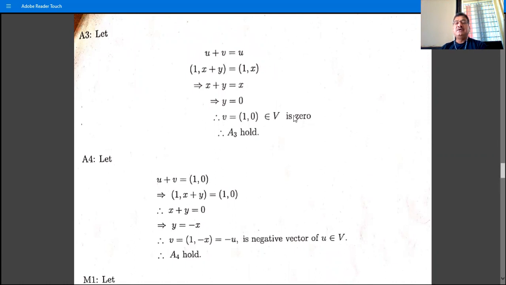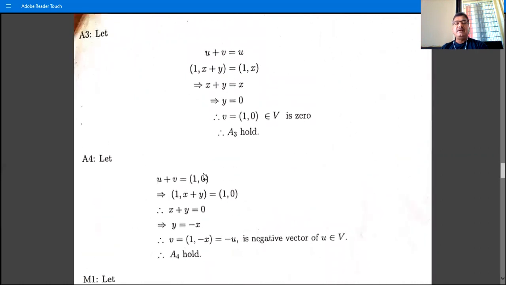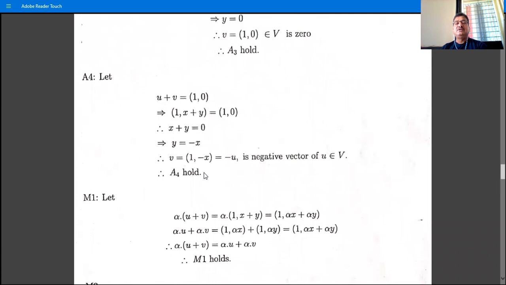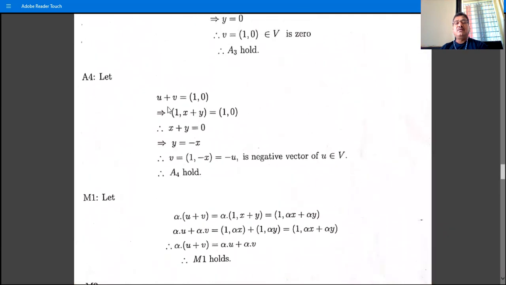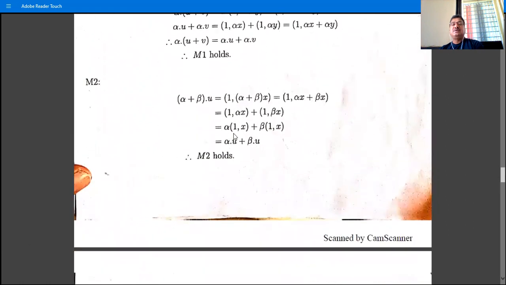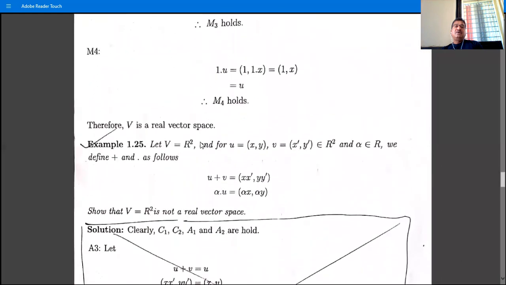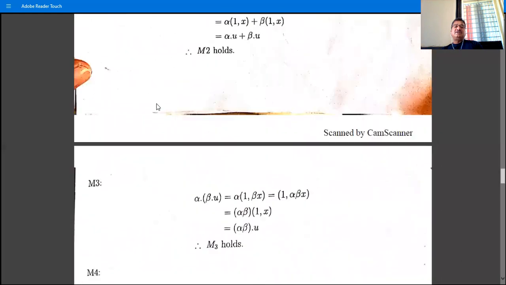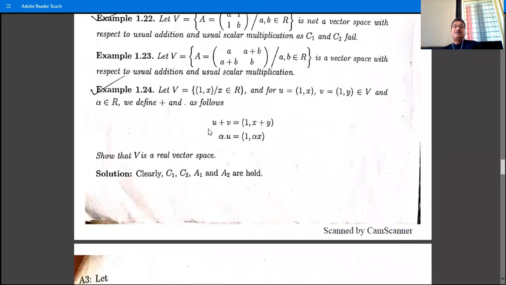That is, (1, 0) is the zero of this set. And the negative of each element: if U is the element (1, x), then its negative is (1, -x). So it belongs to the set. So this is the proof of M1, M2, M3, M4. All 10 properties are satisfied for this set, and therefore this set V is a vector space.